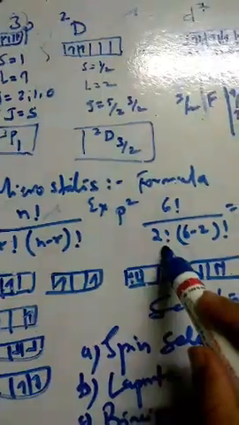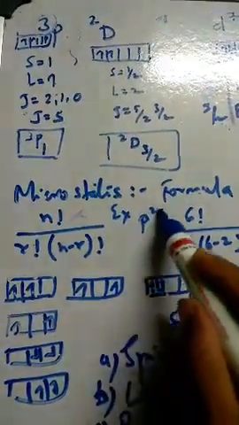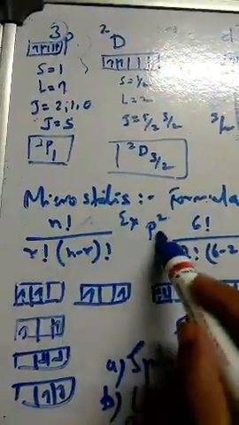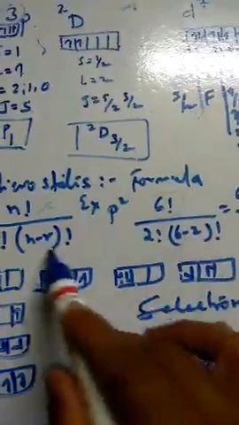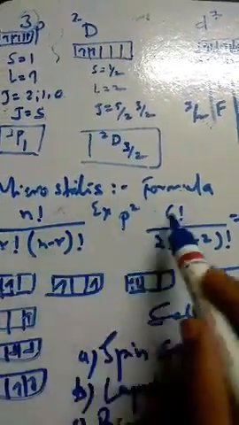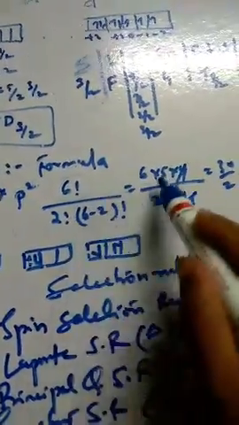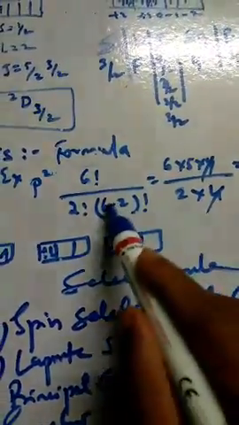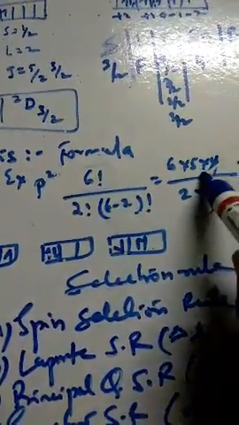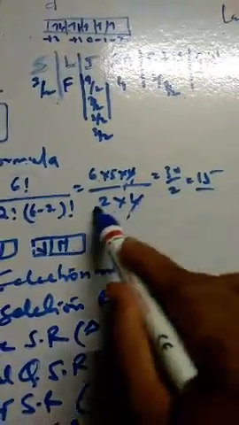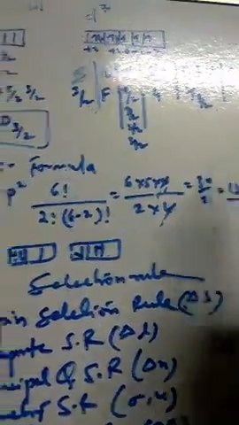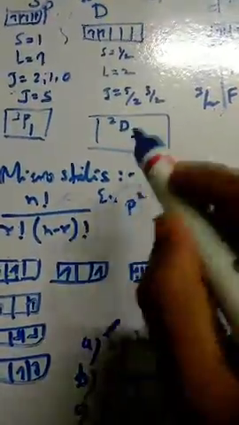R here is 2, that is the P2 system, so 2 electrons are there, so R is the number of electrons present. Then N minus R, that is 6 electrons minus 2, so 4. Factorial 6 means 6 5 4 3 2 1, so the 4 factorial cancels with the one below. So 6 times 5 is 30, 30 divided by 2 is 15. So 15 microstates are possible for this P2 system.